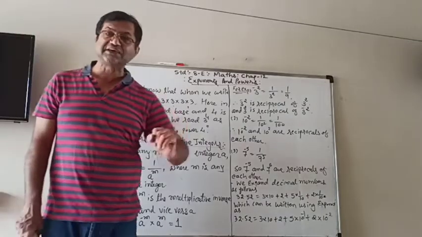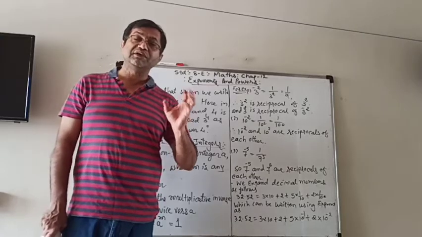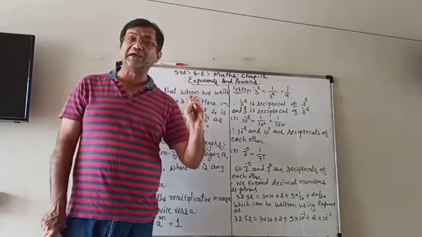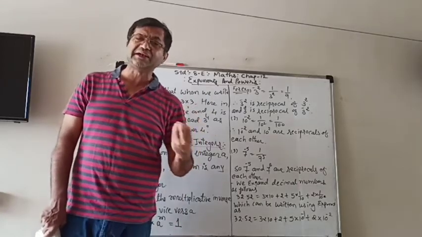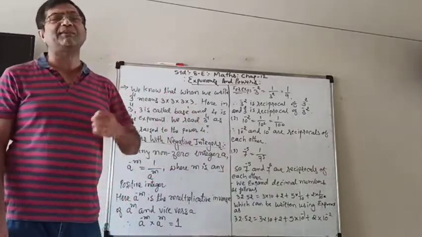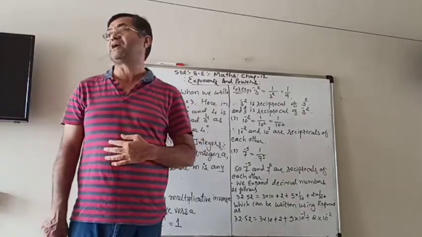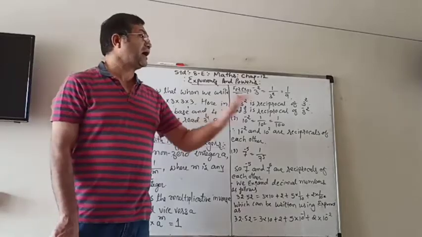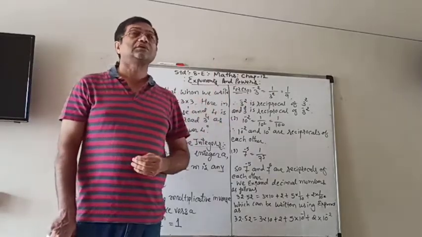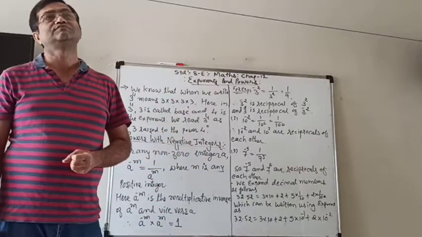We had a base as a negative integer in that standard, but we never had a negative integer as the power. So when there is a negative integer as a power, how can we understand those numbers? What is the meaning of it? How can we convert it into positive powers, and so on?